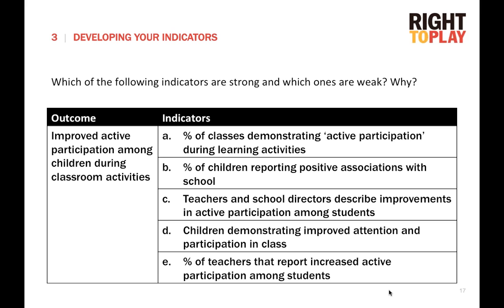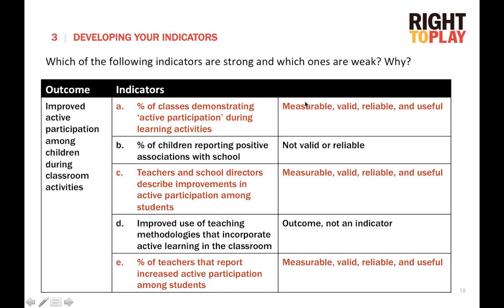Okay, hopefully everybody's had a chance to read through at least a few of them. So you can see the strong indicators are the ones in red, and the weak ones are the ones in black. So for example, A, the percent of classes demonstrating active participation during learning activities. This is an example of something that is measurable because we could actually go and observe the classes that are participating.